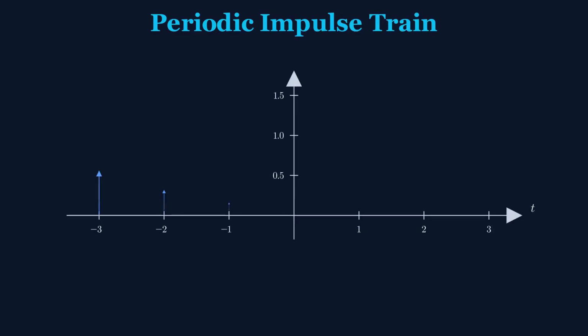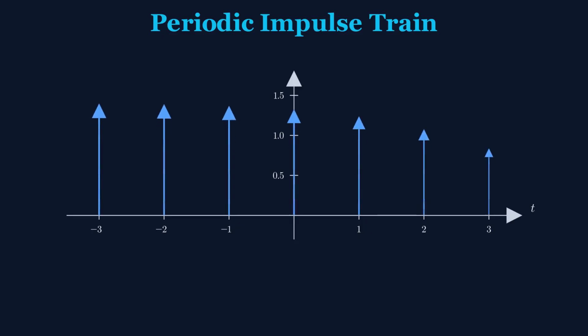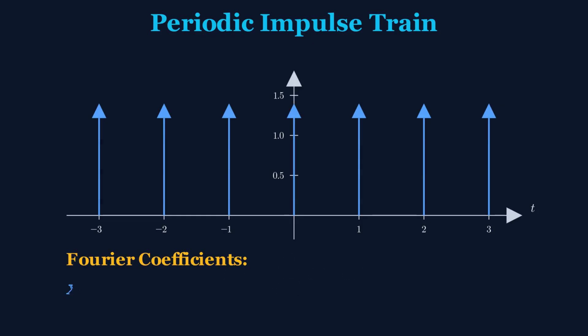Let's find the Fourier coefficients of a fundamental signal, the periodic impulse train. Delta T of t is the sum of delta functions spaced T seconds apart from minus infinity to plus infinity. Using the analysis equation, x sub k equals 1 over T times the integral over one period of delta of t times e to the minus jk omega 0 t dt.